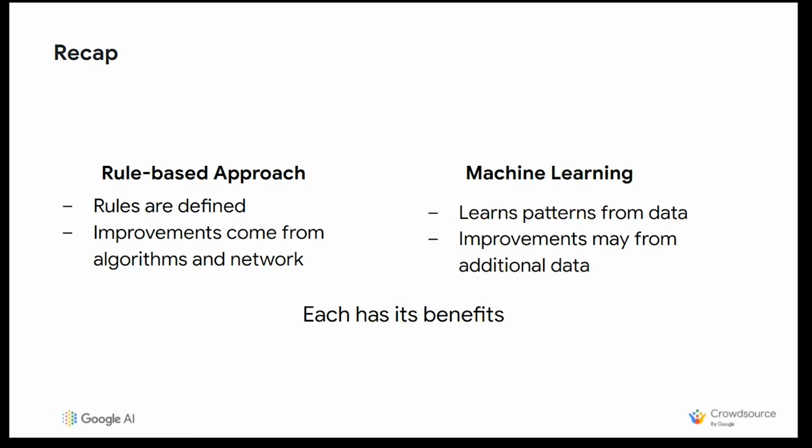So machine learning is one process that is heavily data dependent, and it learns from that data. While rule based, as the name suggests, you give a rule to that particular computer to solve a problem. And each of these has its own benefits. As we saw in this quiz, there are some problems that really don't require machine learning. They can be solved with a rules-based approach, and that is what makes the problem get solved in an easier and faster method. So you don't really need machine learning for a lot of cases.